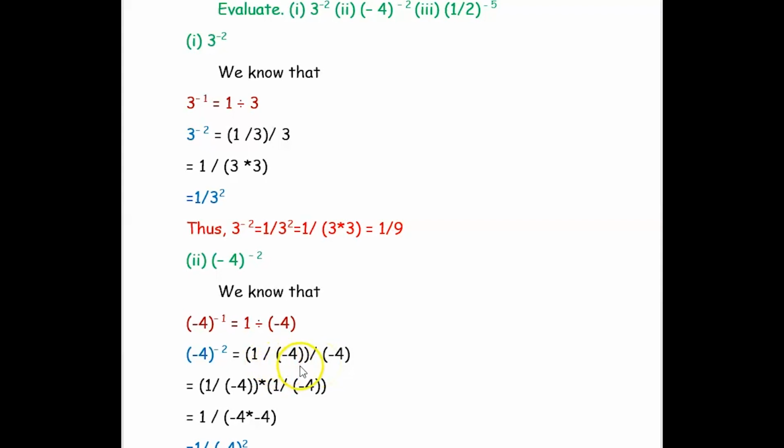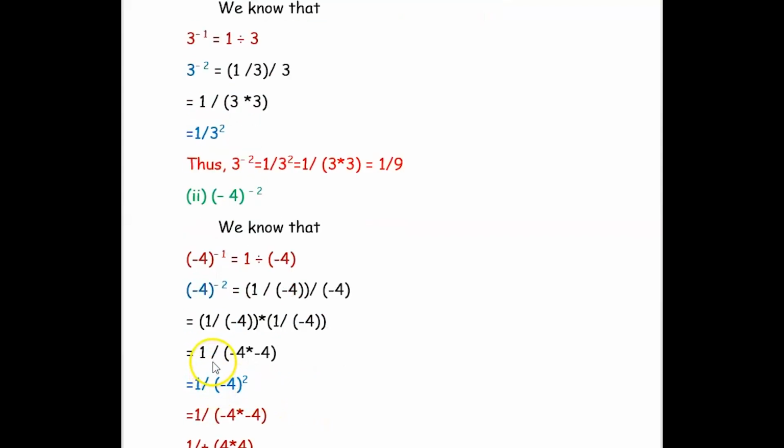So 1 divided by negative 4 divided by negative 4, or it's multiplied by 1 divided by negative 4. So we can rewrite it as 1 divided by negative 4 into 1 divided by negative 4. So after simplifying, we'll get 1 divided by negative 4 into negative 4, that is 1 divided by negative 4 square.